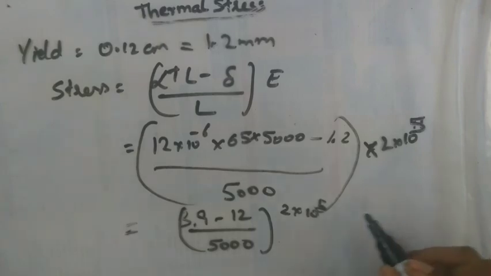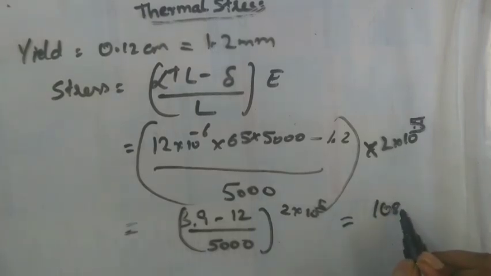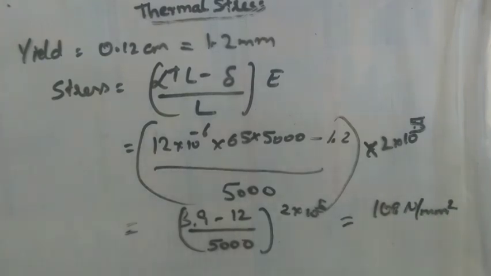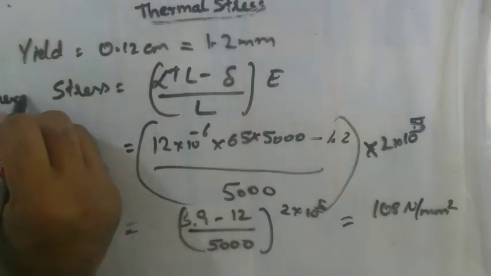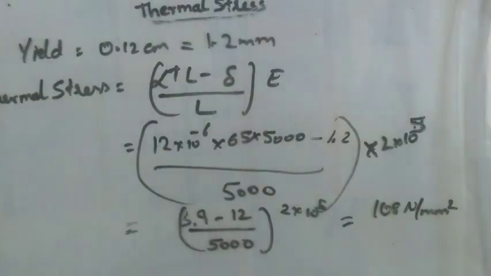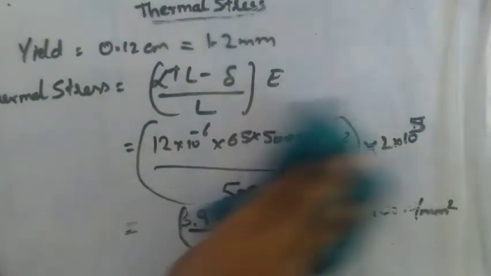On solving, 3.9 minus 1.2 by 5000 into 2 into 10 to the power 5, we get a value of 108 Newton per mm square. This is the thermal stress if the ends yield by 0.12 centimeter.